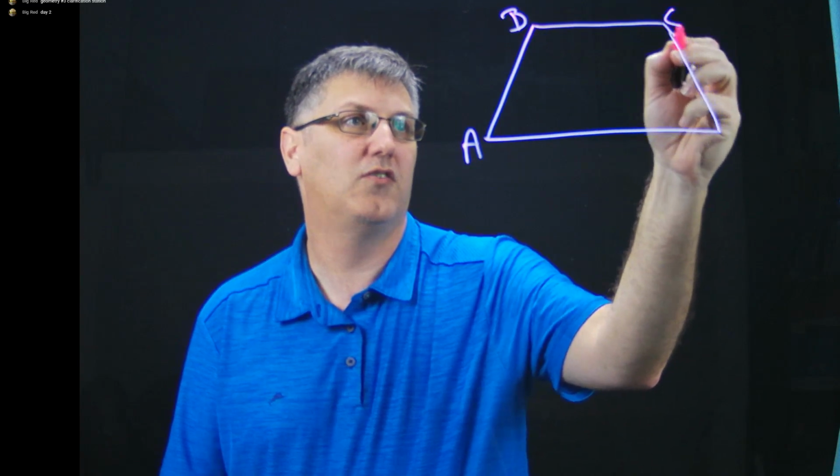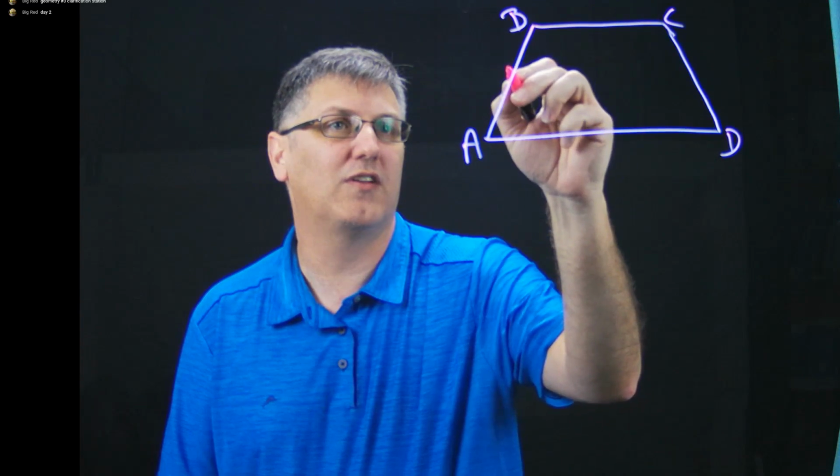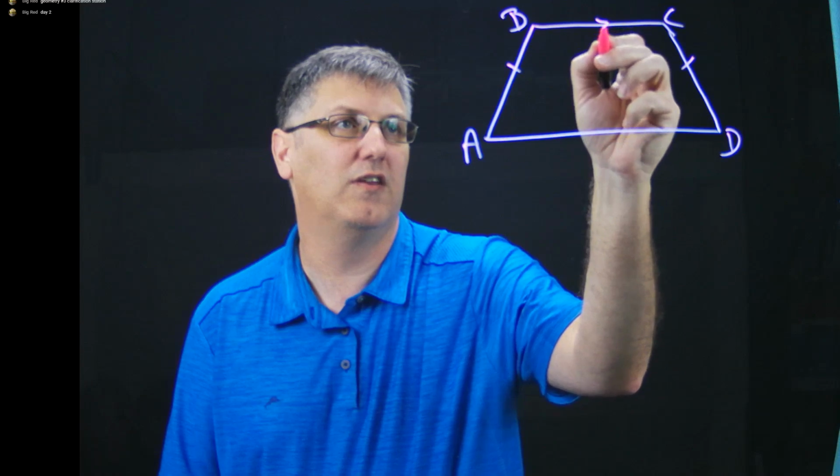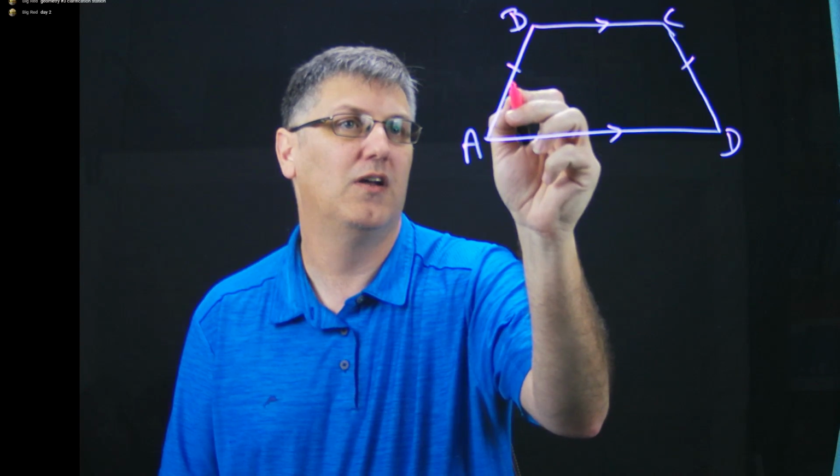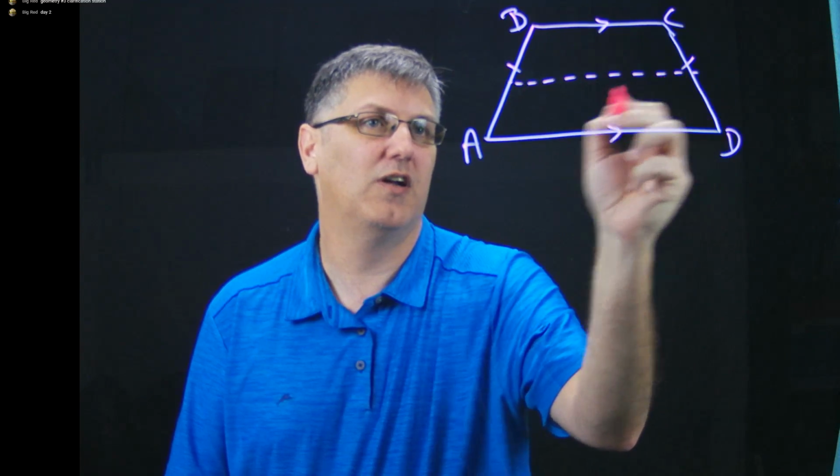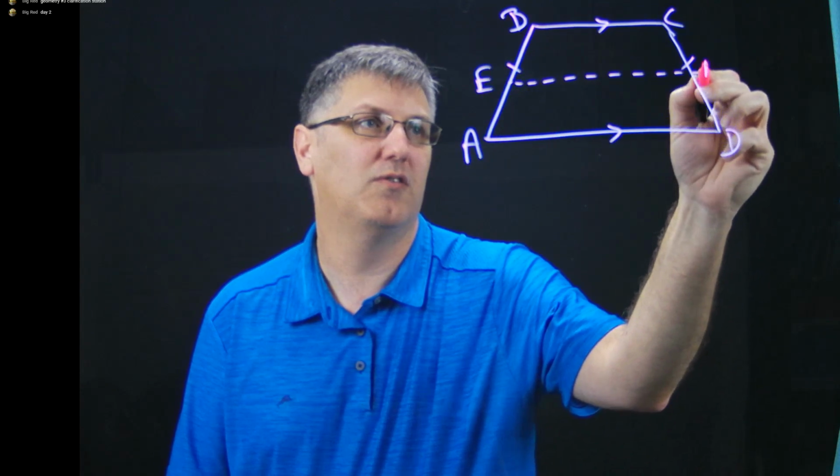So I have a trapezoid. This is A, B, C, D. I tell you it's an isosceles trapezoid. That means that these legs are congruent and then these bases here are parallel. There's a line right in the middle here, and I tell you that this is EF.